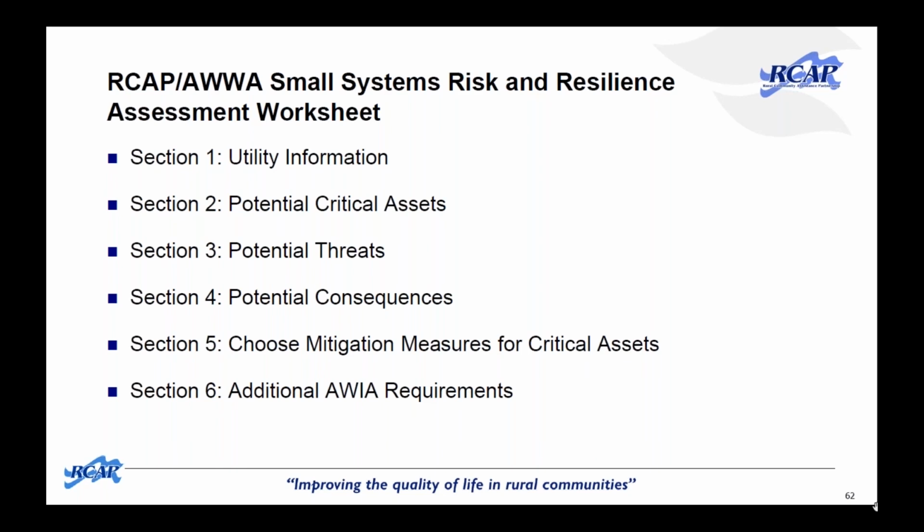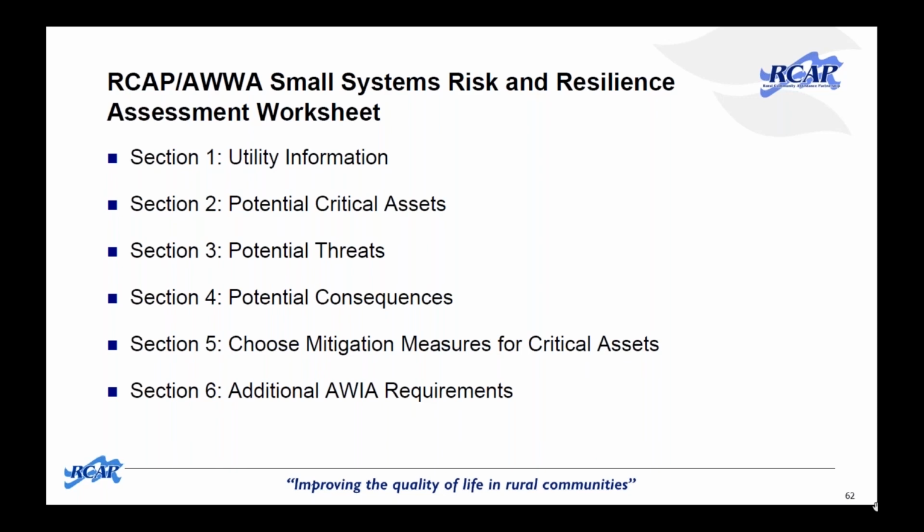Of course, the general utility information, and then section 2 is potential critical assets, to identify what the critical assets are in the system. Section 3, talking about potential threats, you need to evaluate the likelihood of different threats occurring to your system. So we're going to have these conversations with the system. We're going to discuss it, and we're going to first identify where the critical assets are and the likelihood of the different threats that are going to occur in that particular system.